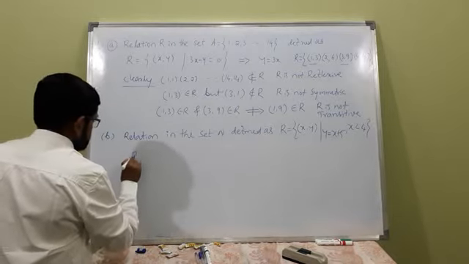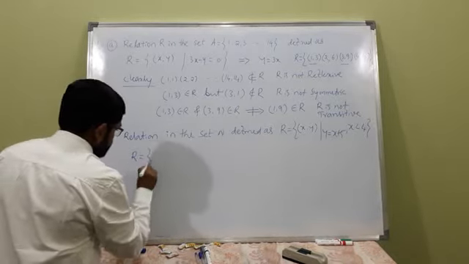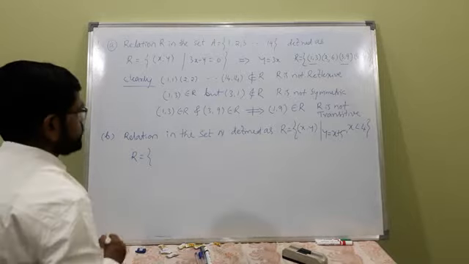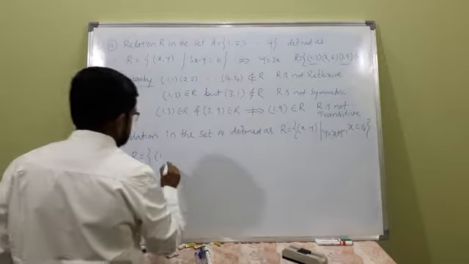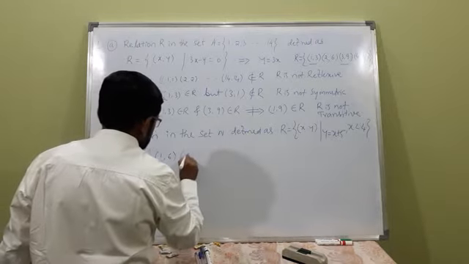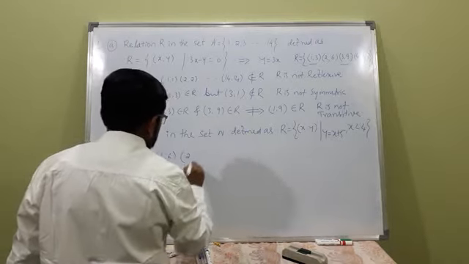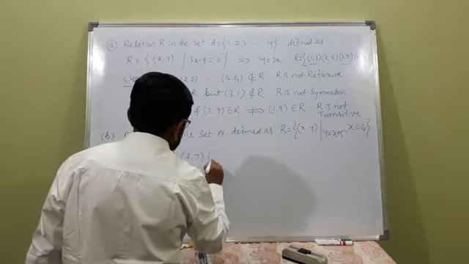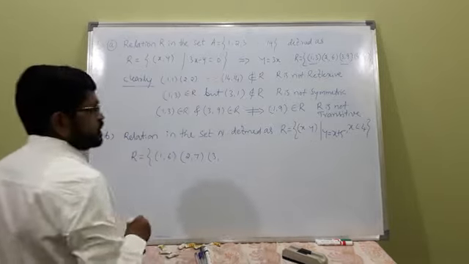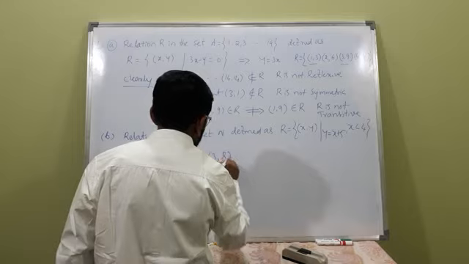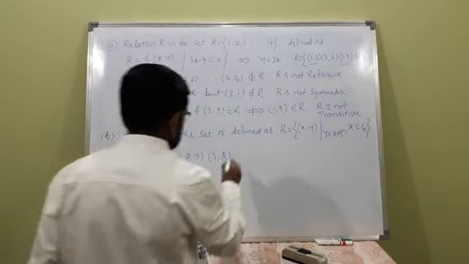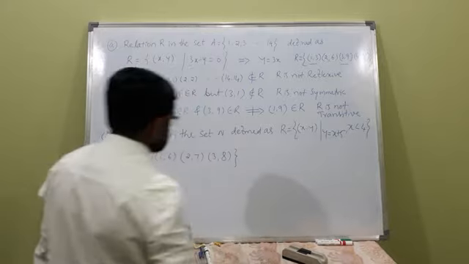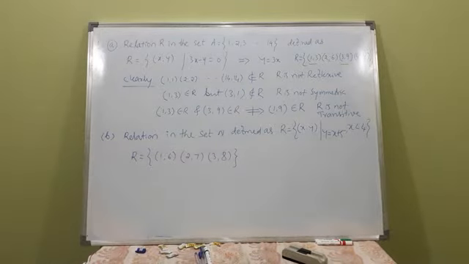Write the R. x less than 4 means when x is equal to 1, 1 plus 5 is 6. When x is equal to 2, 2 plus 5 is 7. When x is equal to 3, 3 plus 5 is 8. When x is equal to 4, 4 is not included. So the relation contains only these three elements.